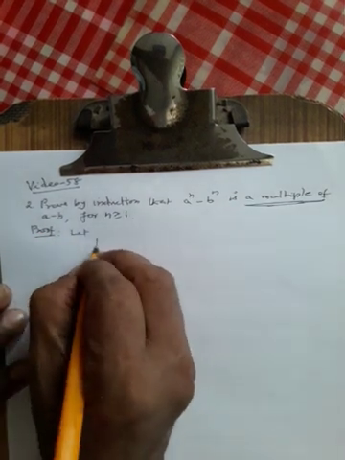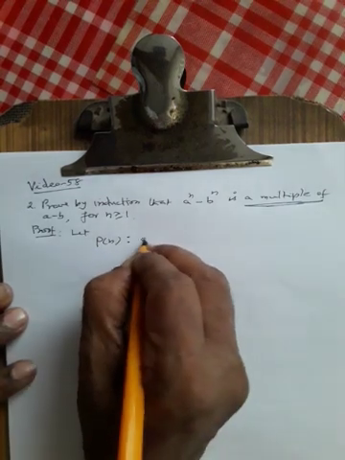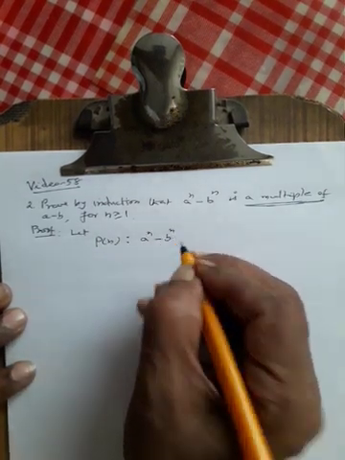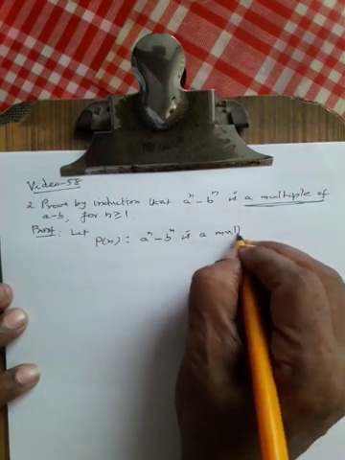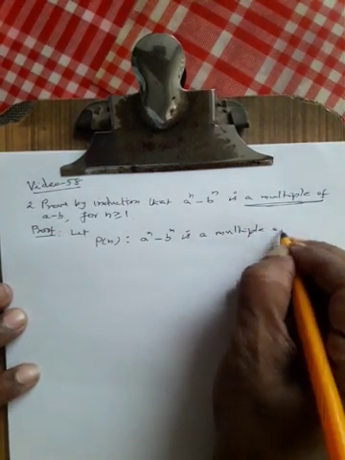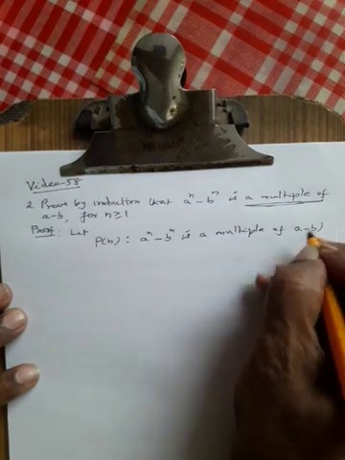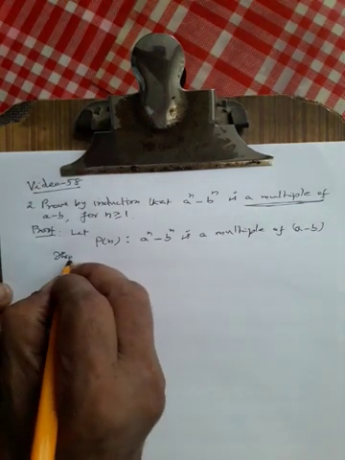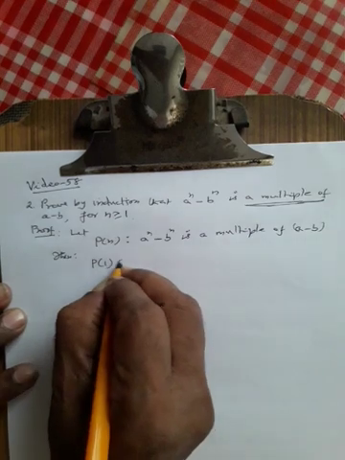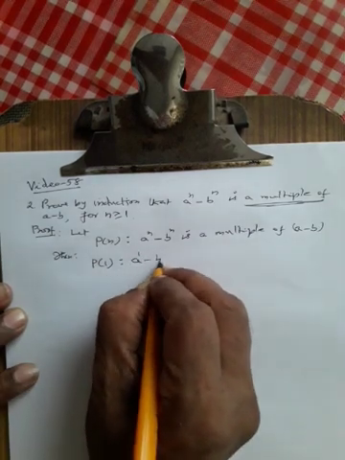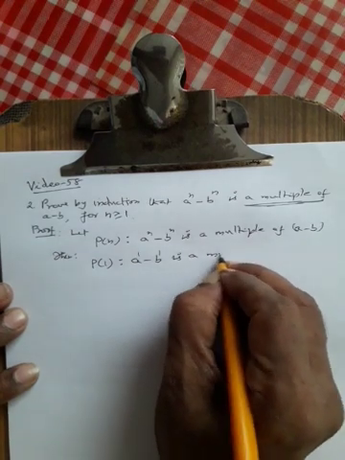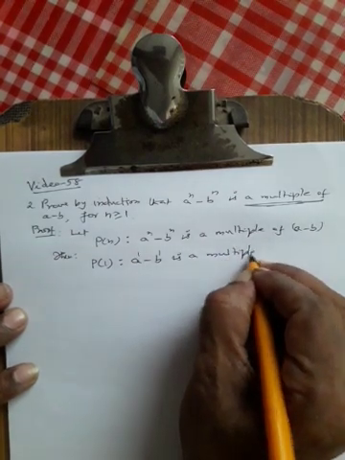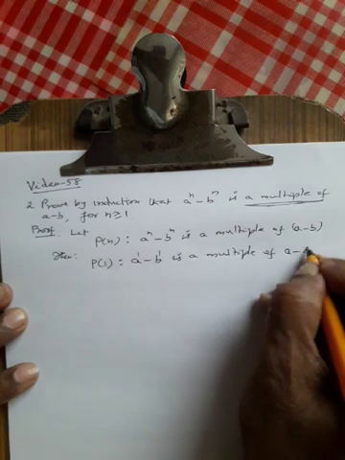Let P(n): a power n minus b power n is a multiple of a minus b. Then P of 1 is a power 1 minus b power 1, where n is 1, is a multiple of a minus b.